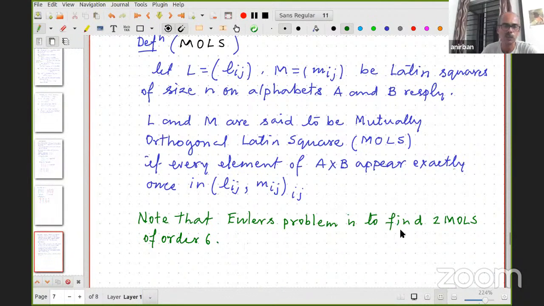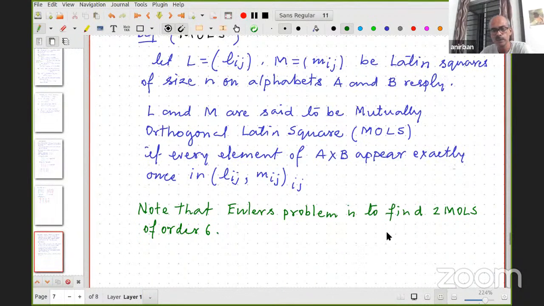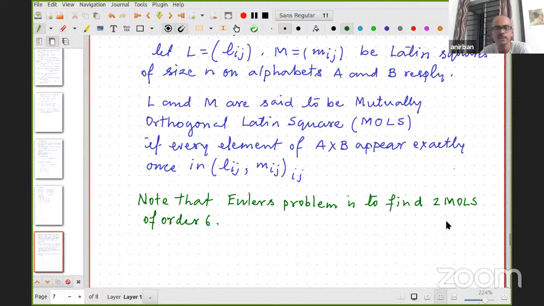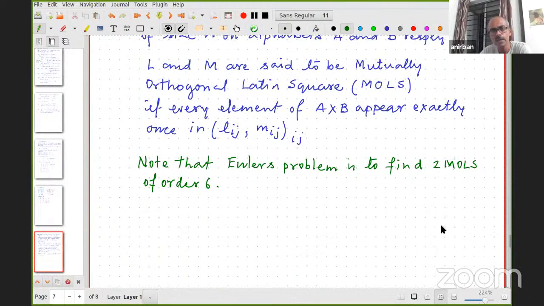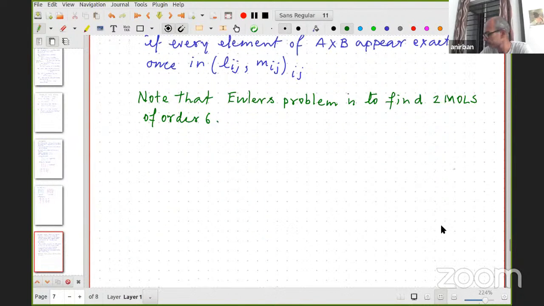So that is Euler's problem. That's the translation of Euler's problem in this language: we are trying to find two mutually orthogonal Latin squares of order 6.